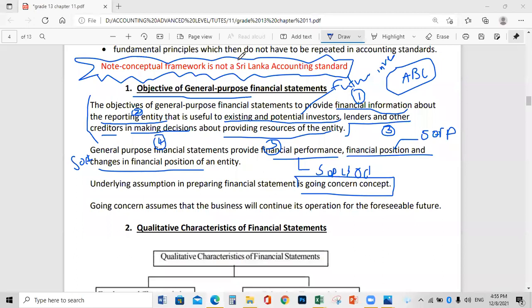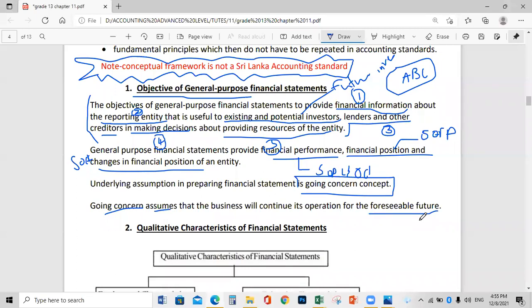Same like that, guys. Whenever you prepare financial statements, you always assume that you will continue your operation for a foreseeable future. Going concern assumes that the business will continue its operation for a foreseeable future.